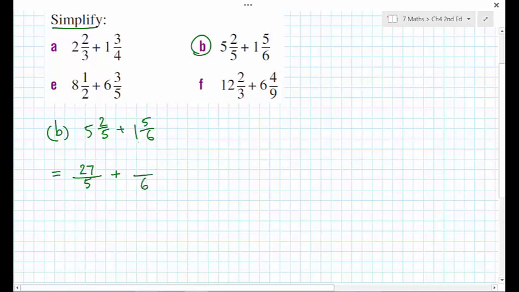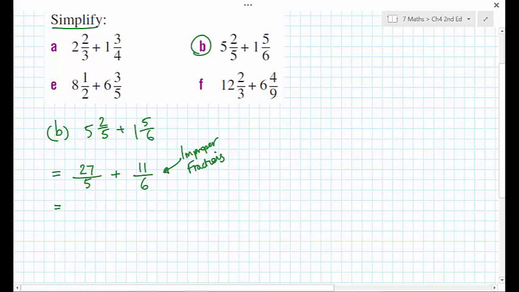So I have 1 times 6 is 6 plus 5 is 11. And so I've now converted them to what we call improper fractions. That way I can look at finding a common denominator and using my normal fraction rules.